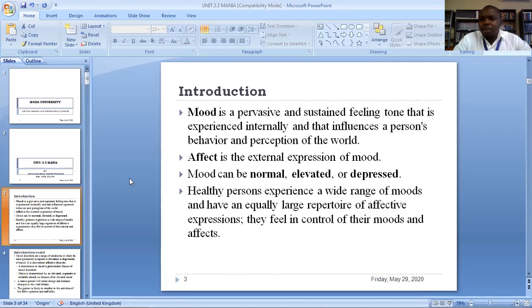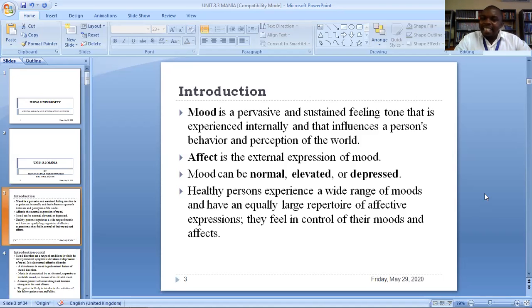I've brought another terminology here, affect. What is this affect? Affect is the external expression of mood. In simpler terms, the way you present yourself to the outside world or to other people, that is the affect we are referring to. A number of people, their mood will be congruent to the affect, meaning that the way they are feeling internally, they also present it to the outside world.